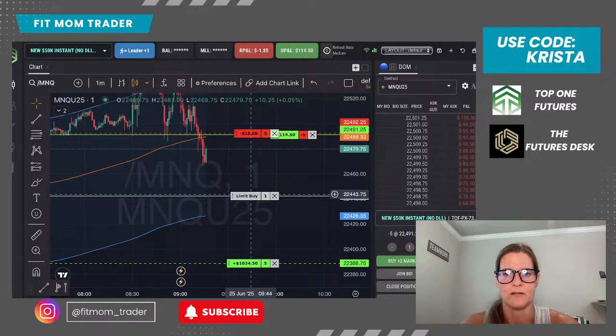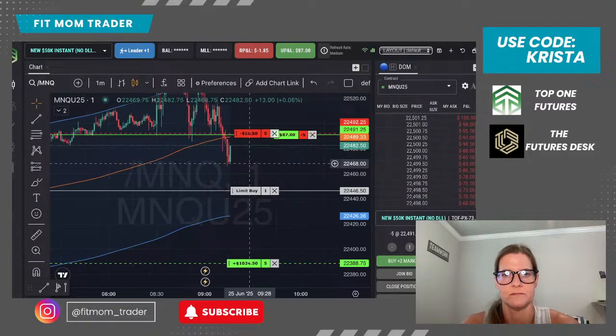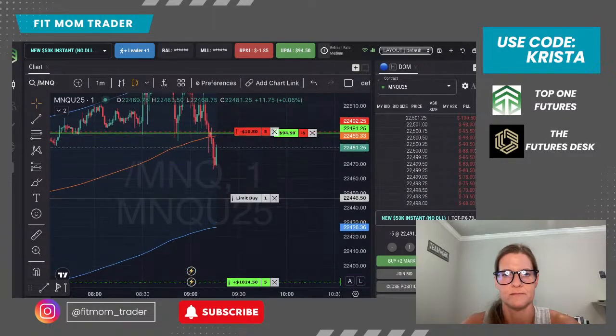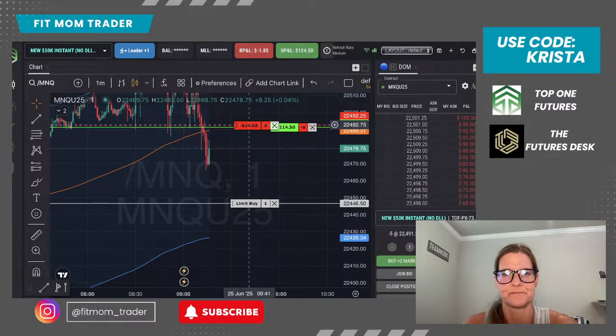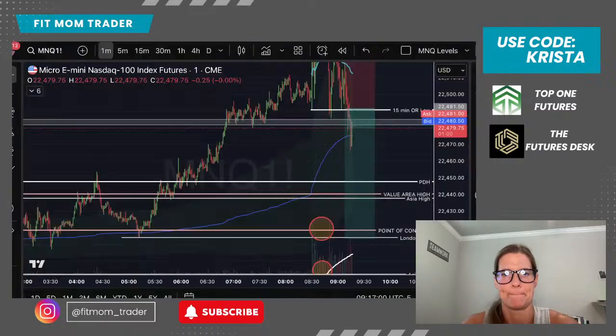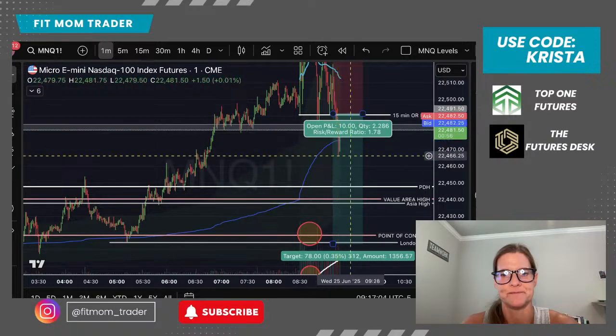Come on, don't bounce. Continue lower. What are you doing? Don't give me that bounce. Still kind of playing around with this VWAP.